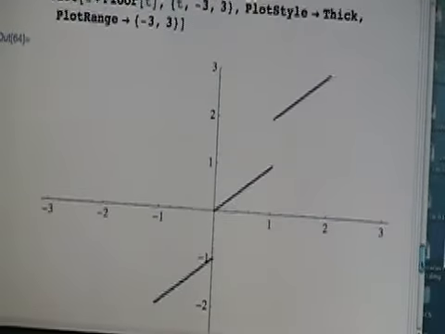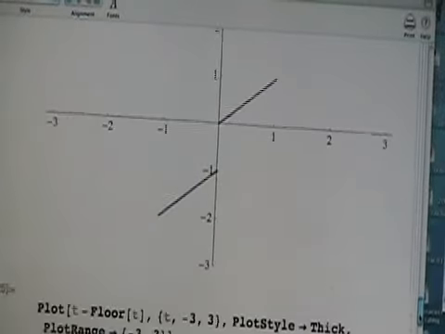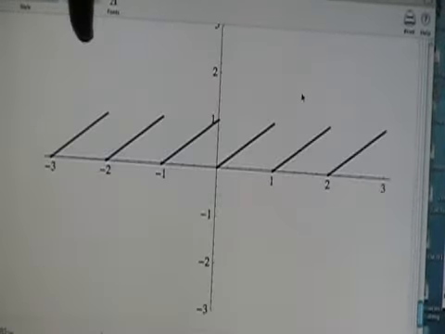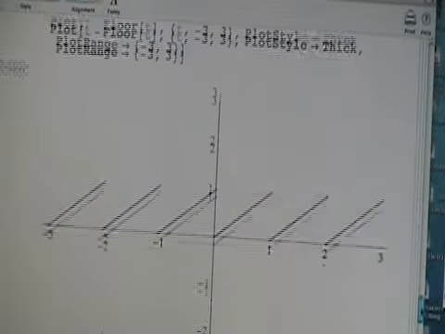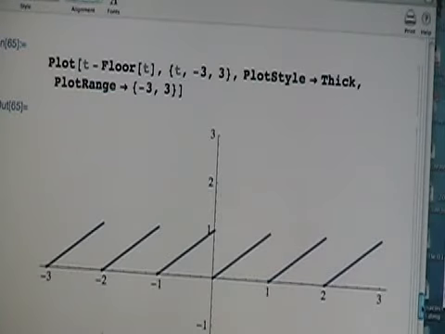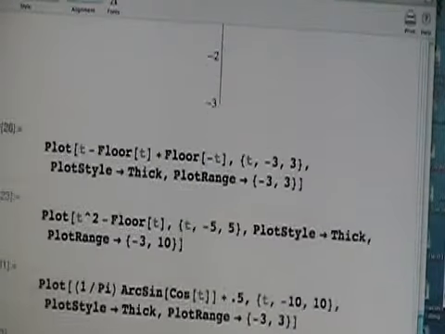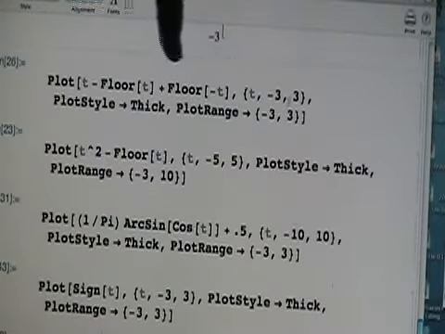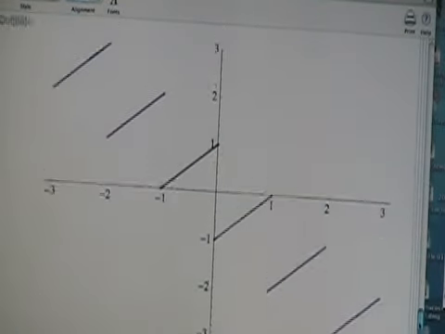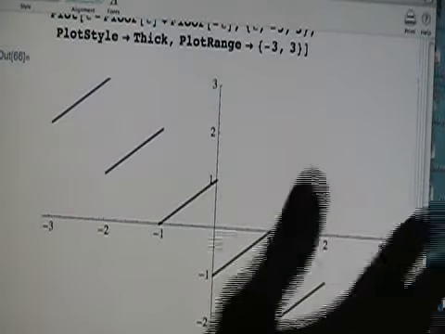Makes those steps slanted. t minus the floor function gives you a sawtooth wave, something you might see in an electronics class. t minus the floor function plus the floor function of negative t gives you downward sloping steps with upward tilts.